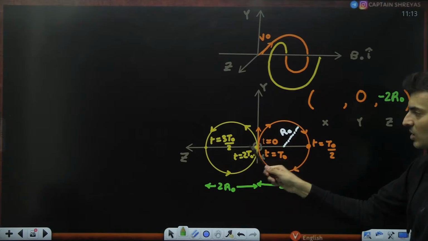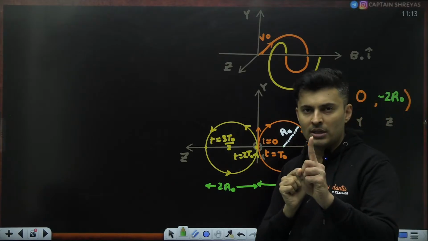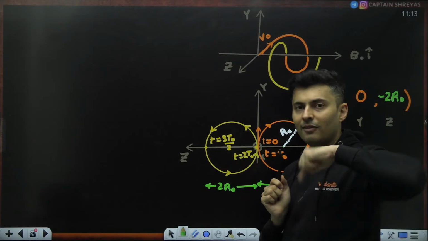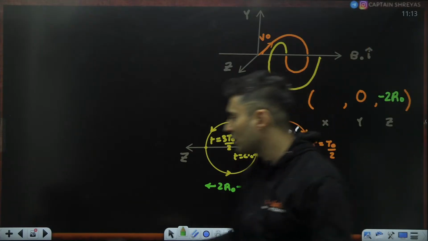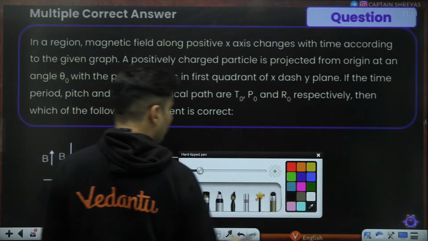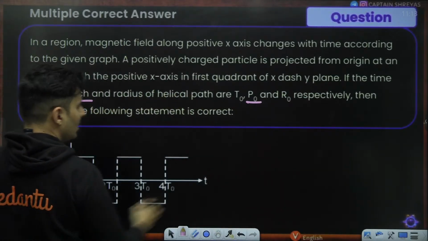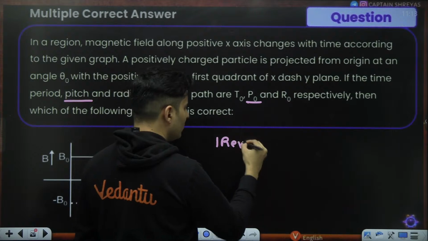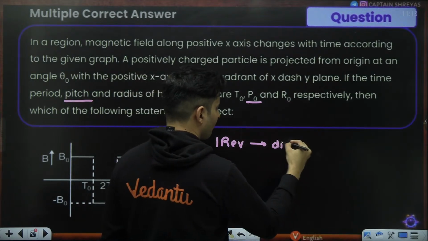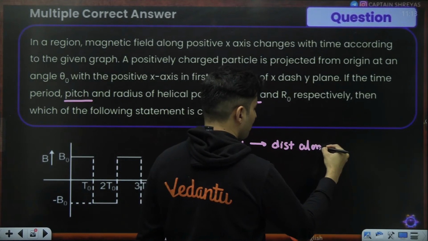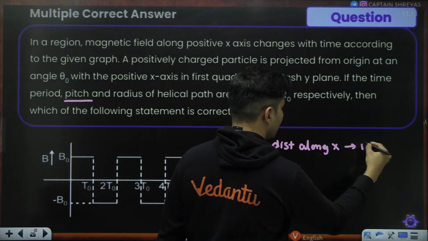But what about the x coordinate? Remember, it was coming with a constant speed, and in one revolution it moves the pitch distance. P0 is the pitch. So in one revolution, the distance along the x-axis is P0.